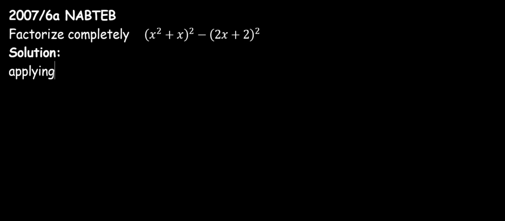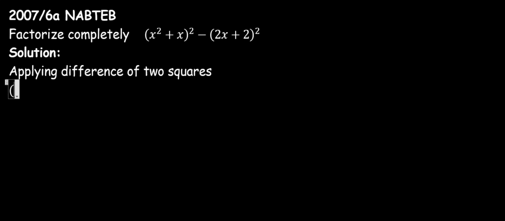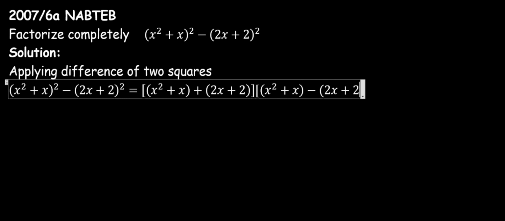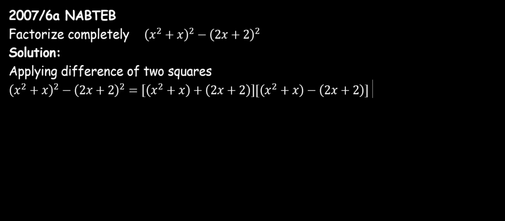Applying difference of two squares, we have our given expression, (x² + x)² − (2x + 2)², will be equal to [(x² + x) + (2x + 2)] into another bracket, a smaller bracket opened, [(x² + x) − (2x + 2)], before we close it with the bigger bracket.